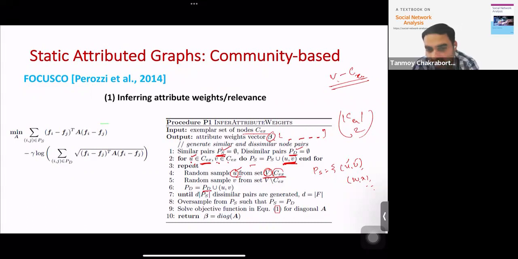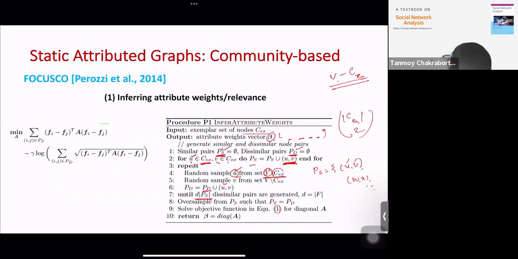Now in this particular set, there are pairs which might be the same. There are pairs which might be different, right? And how many such samplings happen? You sample this many times.